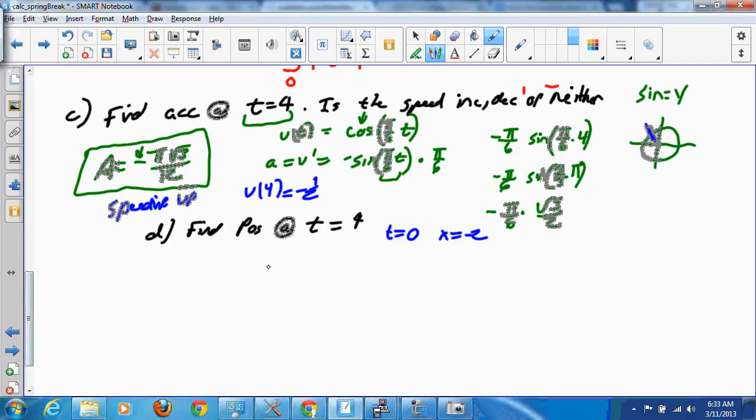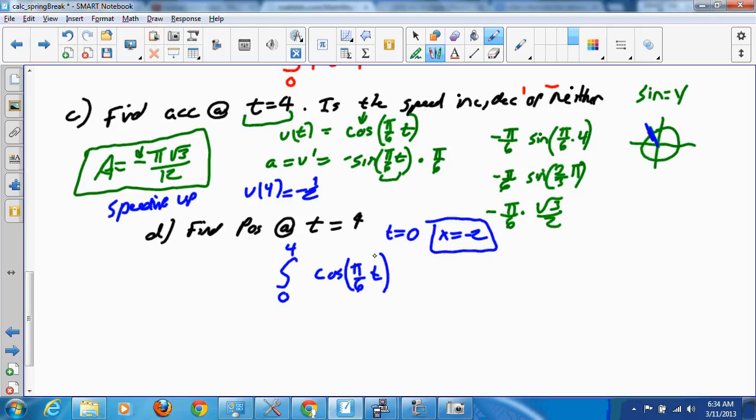So the function from 0 to 4, if we're looking for the position, not the distance traveled, but just its position, is going to be equal to the integral of the velocity, and we have to also consider where this thing starts out.